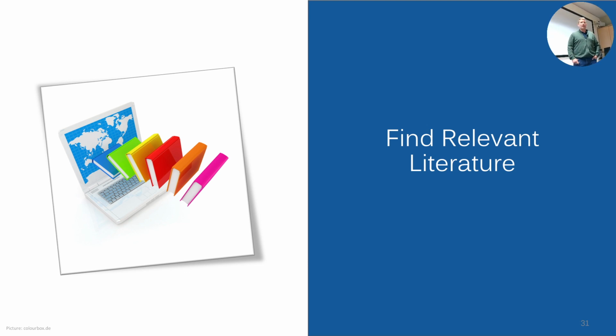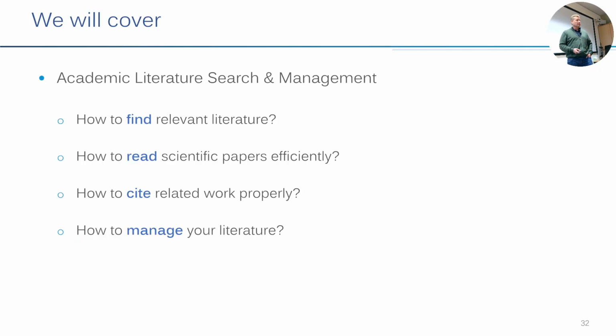Finding academic literature. I think most of you are master students, so I guess you all have written a bachelor thesis before. A thesis, like most academic works, requires a related work section, typically a state-of-the-art overview, and you need literature, right? So you need to get an overview of the state-of-the-art in the field.